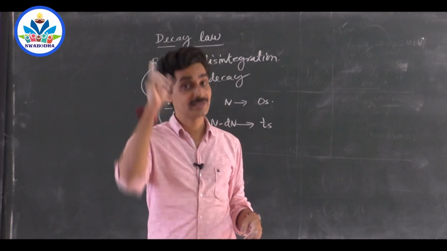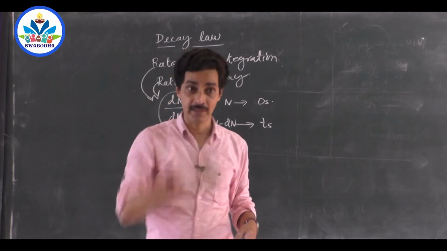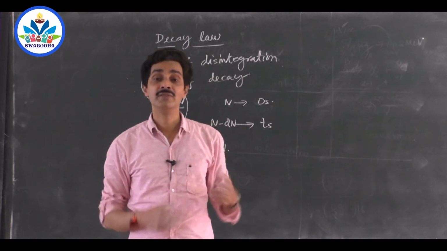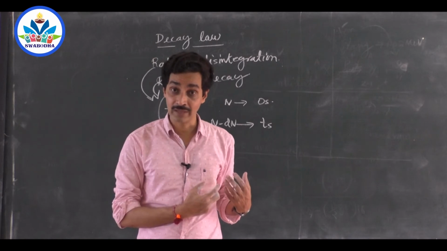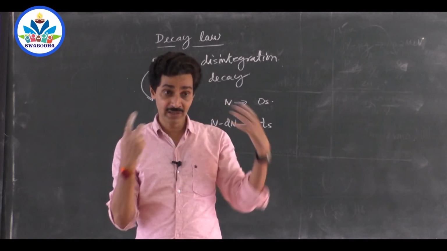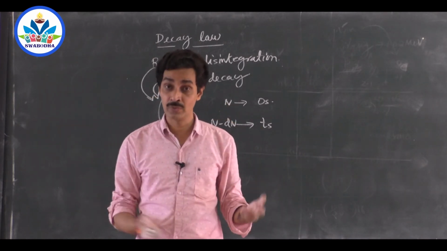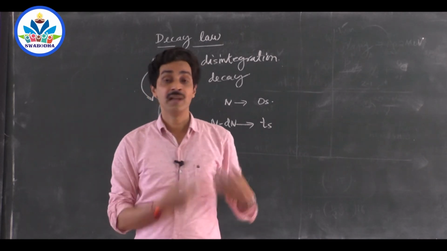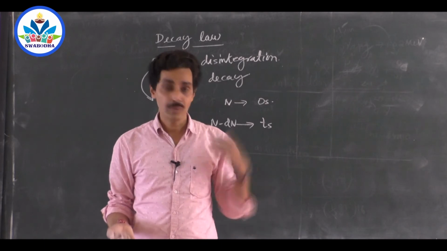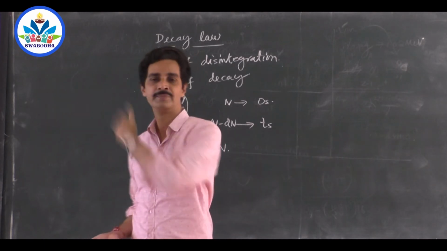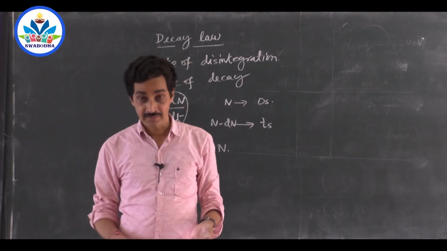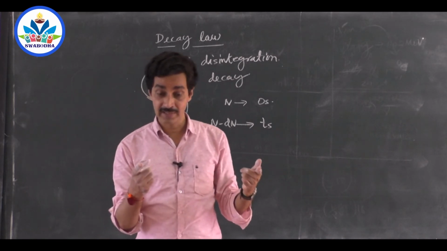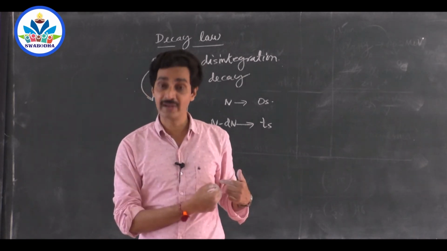No, I should follow the same principle. What do you mean by that principle? I donate 50% of the money that I have, correct? And the amount that I donate is directly proportional to the money I have then. Now I have only 500 rupees, so I should donate 250 rupees. That's all. That means the amount that I donated today is less, 250 only, because I had only 500 rupees.